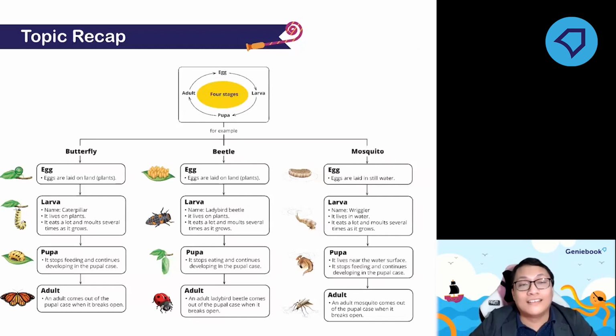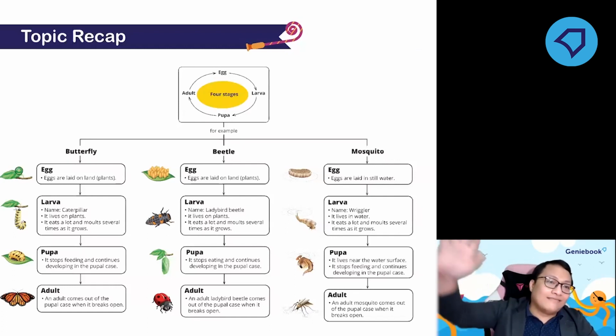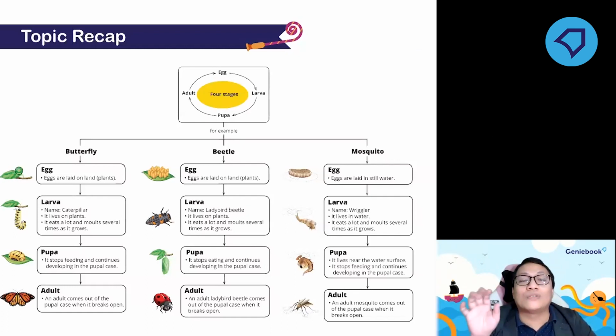Why? Anyone know why larva tends to eat a lot? To grow? Not only to grow, but they need to prepare for pupa. Because when larva becomes pupa, they cannot eat.